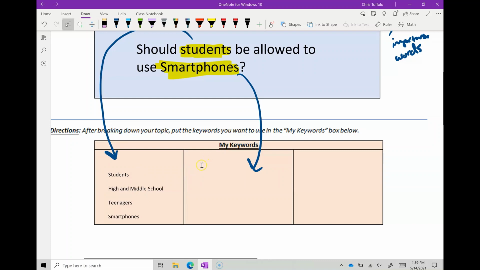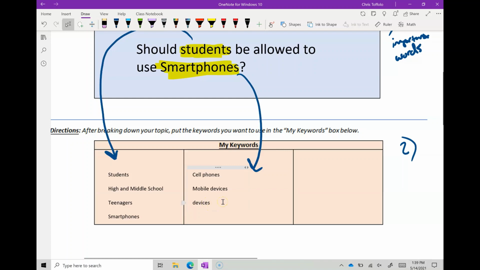Now let me think about other words for smartphones here. I have smartphone there, but some people call them cell phones. Some people call them mobile devices. Some people just use the word devices. So I'm generating these synonyms as step number two for these words.